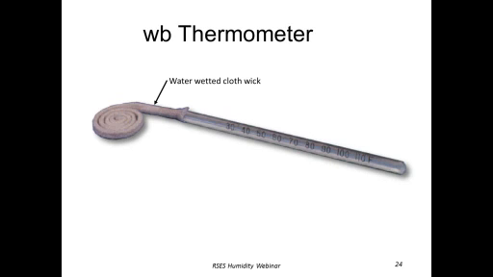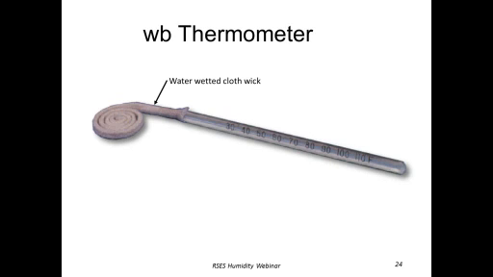You can also, if you have older athletic shoelaces, those older athletic shoelaces are hollow, and those make excellent wicks. In fact, the wick material that you buy from a manufacturer looks very much like an athletic shoelace, but it has to be hollow so it'll slip over a regular dry bulb thermometer.